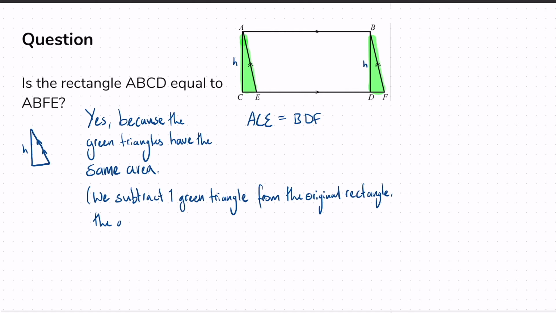Then add one green triangle. And as we all know, 1 minus 1 is 0. So therefore there is no difference.